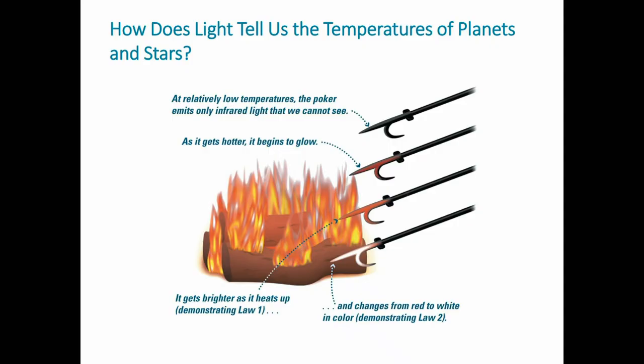So for the fireplace poker, the hotter it gets, it changes color, and the hottest color it's emitting, it looks white, and that's because it's emitting light over all visible wavelengths. So white light that you see is equal parts red through violet that your eye is detecting.